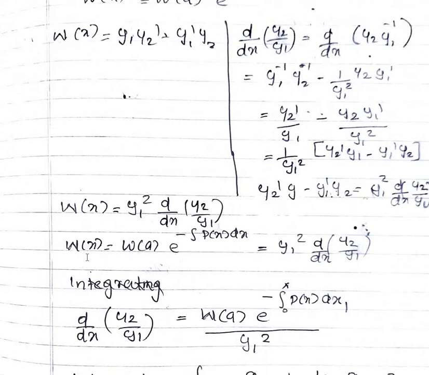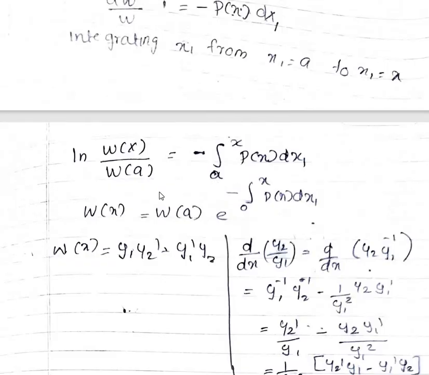From the above solution, we already derived this equation, that is W of x is equal to W of a into e raised to integral p of x dx. Okay, from here W of x is equal to W of a e raised to minus integral 0 to x p of x dx.